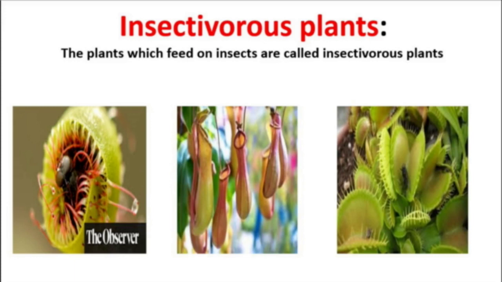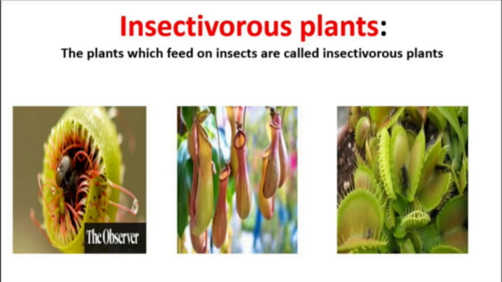Leaves of insectivorous plants are modified to trap insects. For example, Venus flytrap and the pitcher plant are examples of insectivorous plants. You have studied about these two plants in primary classes also, isn't it? So, let's see how these two plants are modified to eat insects.